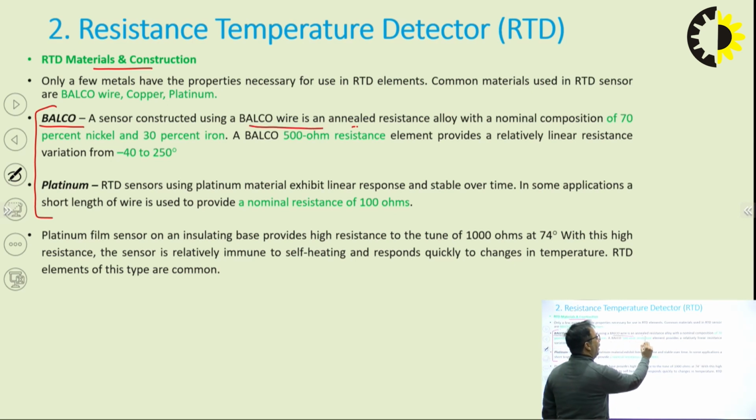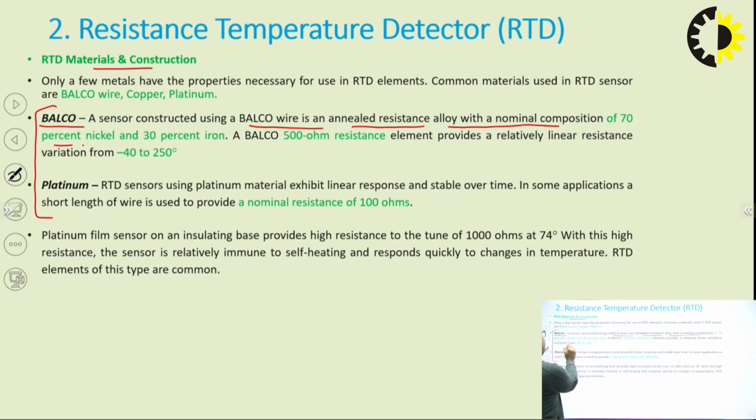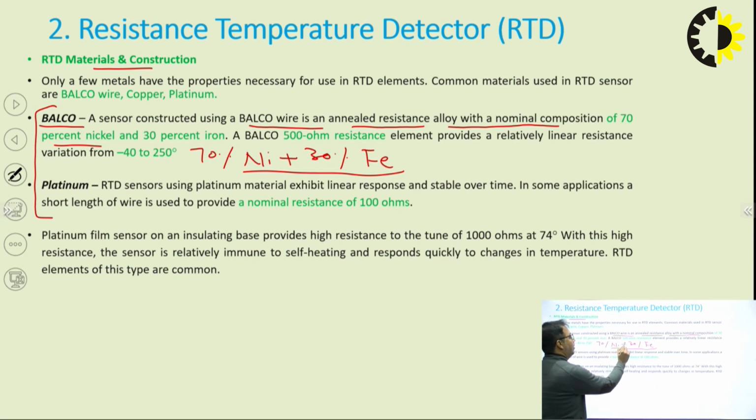Balco is basically an annealed resistance alloy with a nominal composition of 70% nickel plus 30% iron. So this is the composition of this Balco RTD, and it is having 500 ohm resistance at a temperature range of -42 to 50 degrees Celsius.